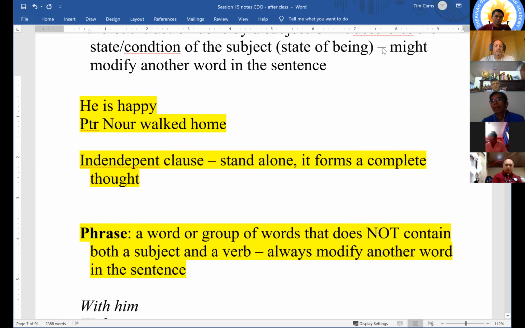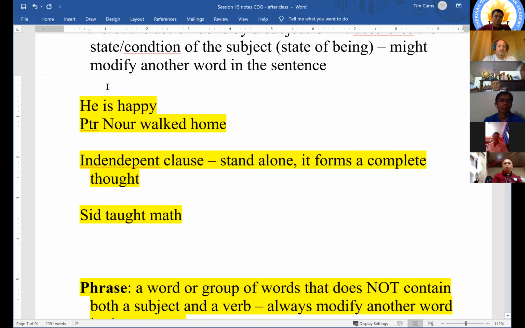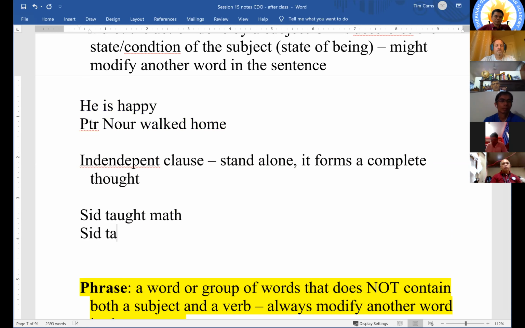Okay? Let's do it this way. Sid taught math. Okay? That forms a complete thought. Does this sentence, Sid taught, does that form a complete thought?